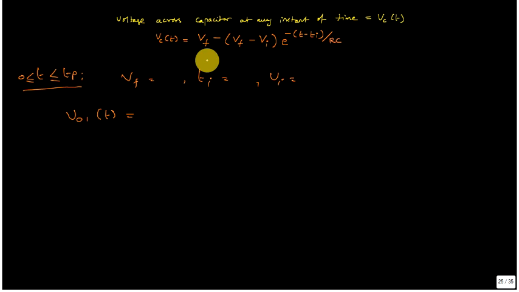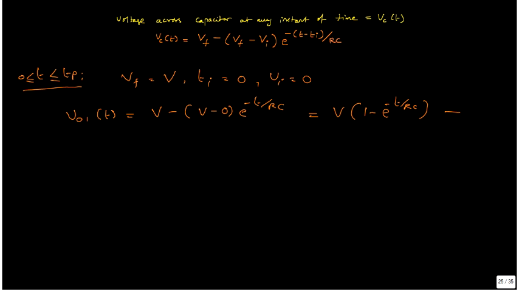V01 of t is equal to Vf is V volts, Ti is 0. At t equal to 0, we are applying V volts, and by that time the voltage across the capacitor is 0. So this will be V minus (V minus 0) into e power minus t by Rc. So it can be written as V into (1 minus e power minus t by Rc). This is equation 1.